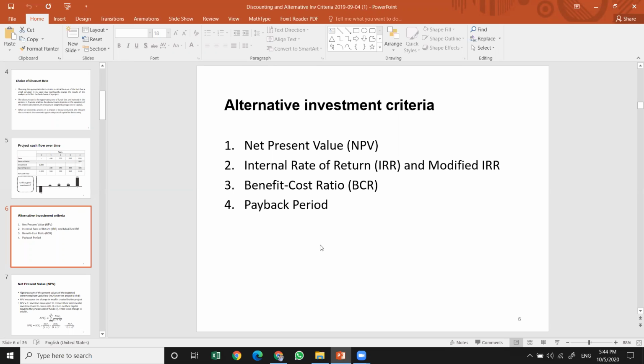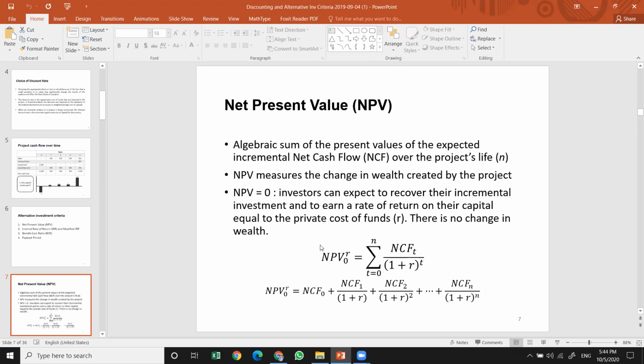And concerning the IRR, many of you are familiar with it, but IRR is not the best criterion to use for evaluating investments, in contrast to NPV. The NPV, the net present value, is the algebraic sum of the present values of the future cash flows.